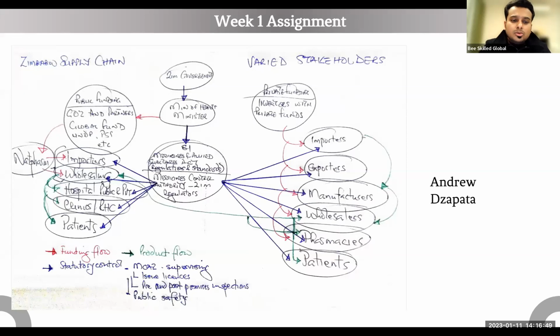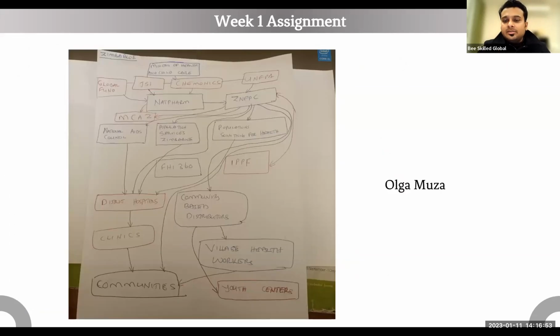Now, when we go to the public sector, it's a bit more complex, and I think it's quite well organized in Olga's diagram. If you see here, there is NatFarm, MCAS, ZNFPC kind of in the center, and they are receiving products from various places, various donors, various technical agencies, and various suppliers as well.